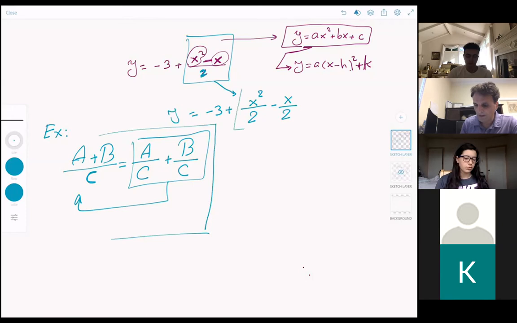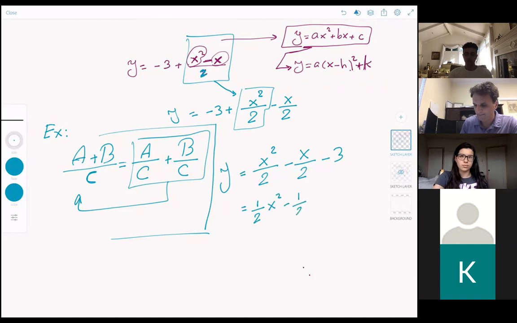We need to have the highest degree first. So x squared over 2 minus x over 2 minus 3. So this is a standard form. Or this is same as 1/2 of x squared minus 1/2 of x minus 3.